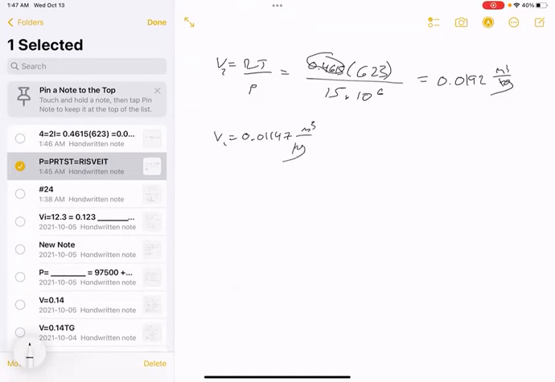So you can see there's a significant difference. We went from about 0.011 to 0.019, which is nearing double what we had before. And why do we have this issue? It's because we're using the ideal gas equation in this case to try and solve for things in something that is not even close to an ideal gas, right?